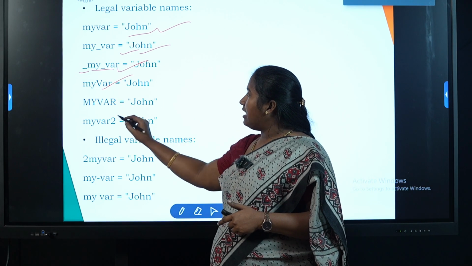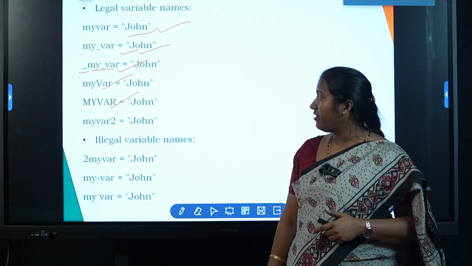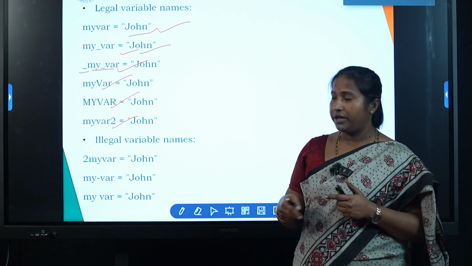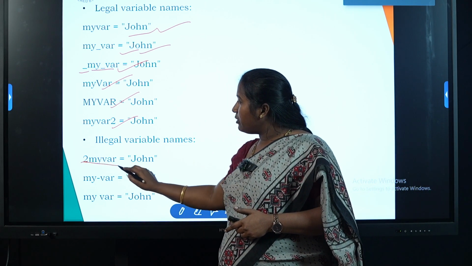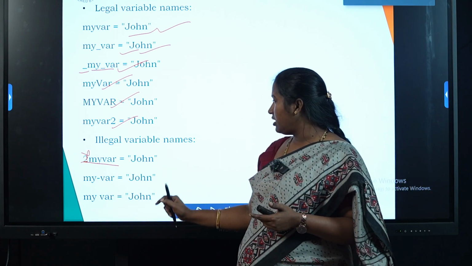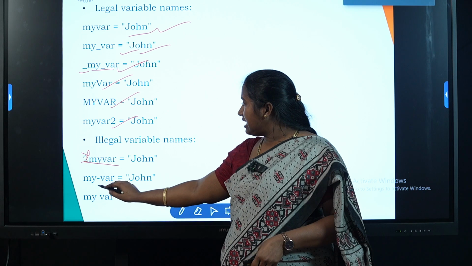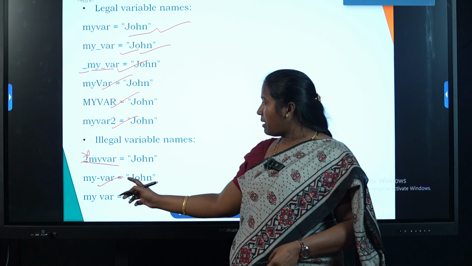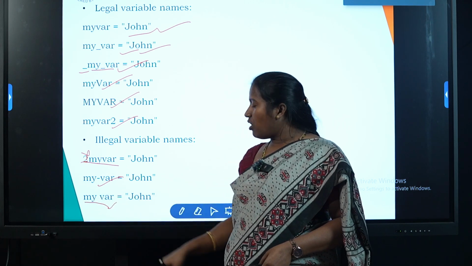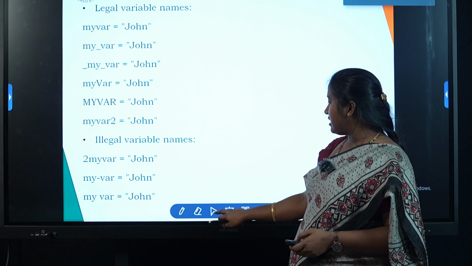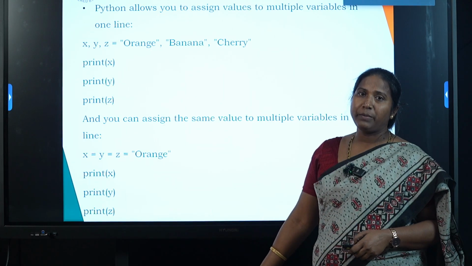Now this is also valid. It is also valid because a variable name can be alphanumeric, but this one is not valid. A variable name should not start with a numeric digit, so it is not valid. And this is illegal because an underscore can be given, but here it is given as a minus symbol, and this is also not valid because a space is given here. So these are the illegal and legal names that can be used in Python.